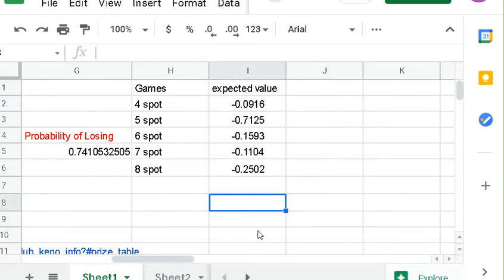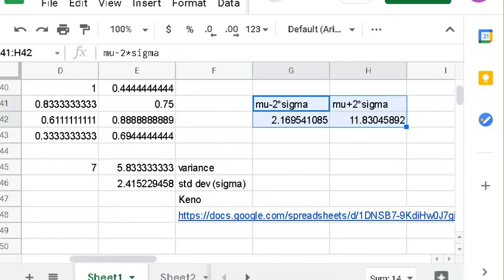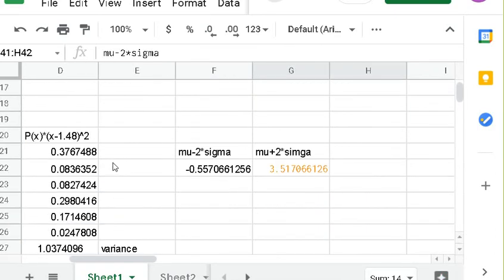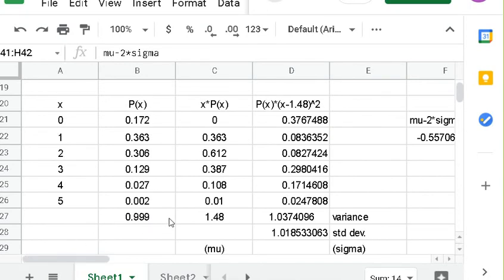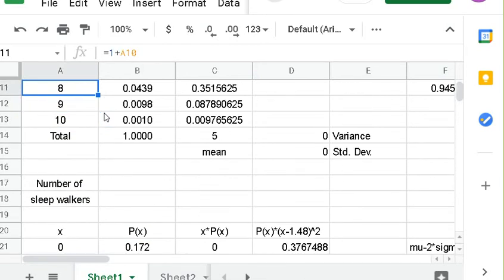Let me see what I've got here. Let's take this one. Did we do this one last time? Yeah, that was number of sleepwalkers.